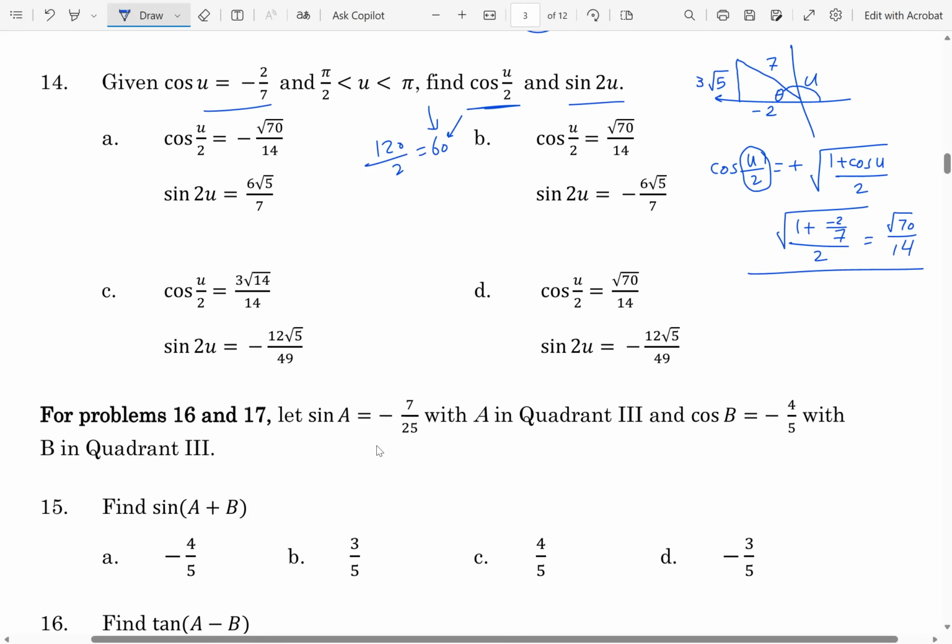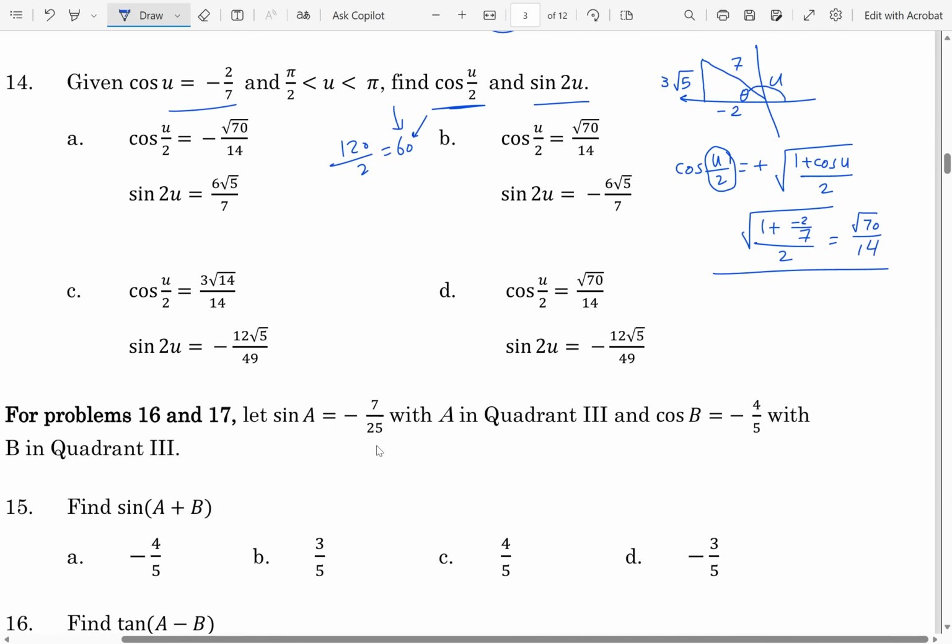And the sine of 2u, quite easy. Sine of the double angle, 2u, is simply 2 sine u cosine u. This is the expansion of this rule. So 2 times sine, the sine as you see here, opposite over hypotenuse, 3 radical 5 over 7, times cosine, already given, negative 2 over 7.